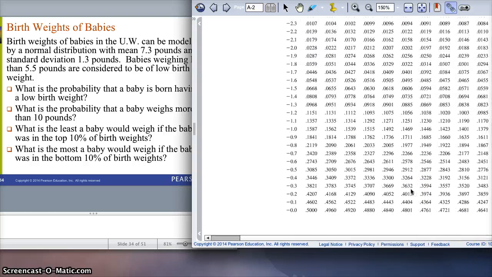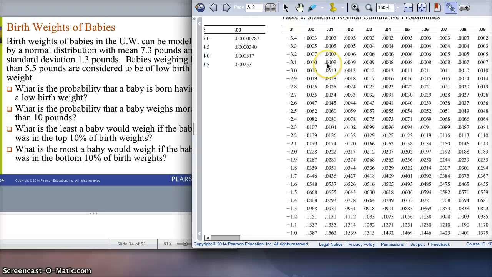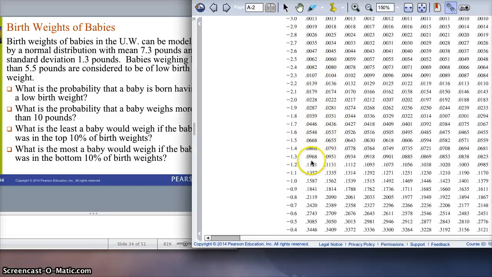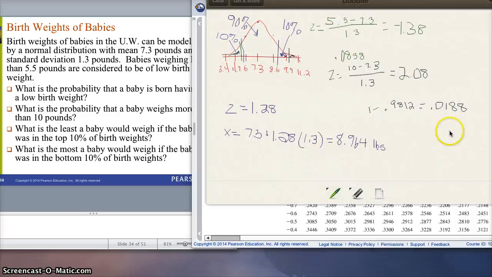Remember, 10% is 0.1. Some mistakes that are made, sometimes people start looking up 0.01. So 0.1 is somewhere in here, and that one's very close, so negative 1.28. Remember, the table's all symmetric, so if the top 10% is at positive 1.28, the bottom 10% has to be at negative 1.28. Again, we're going to use that same formula.